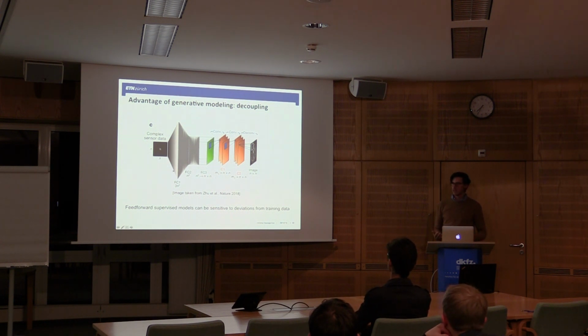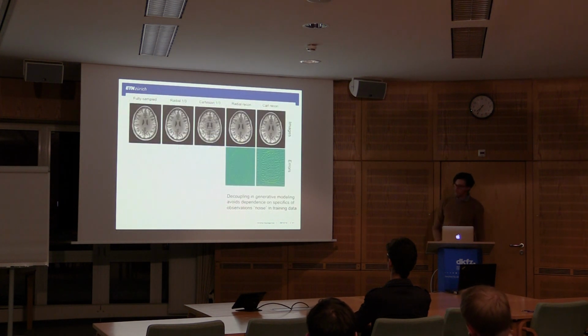So when you used an undersampling rate of 2, this network won't be able to do reconstruction with an undersampling rate of 3, for instance. Or if you used a certain undersampling pattern, it won't work with a different undersampling pattern. Our proposed method doesn't have this problem because you learn the density of MRI patches in the image space. So you can use whatever undersampling pattern you want and just use this as a prior for realistic images.